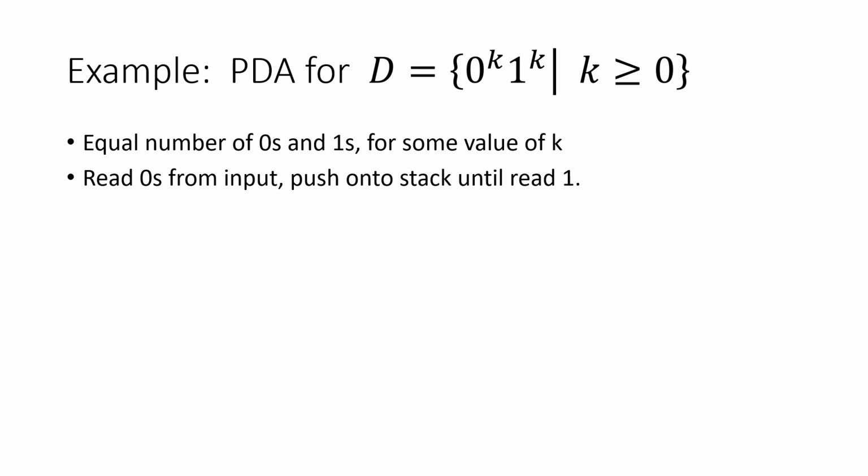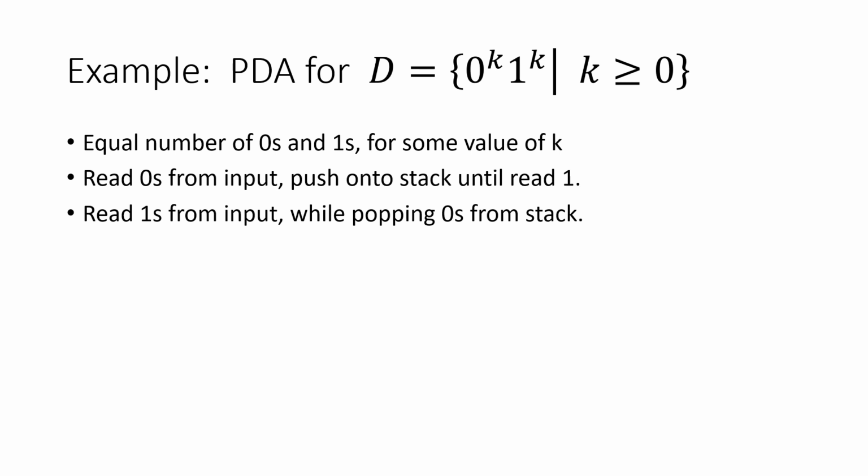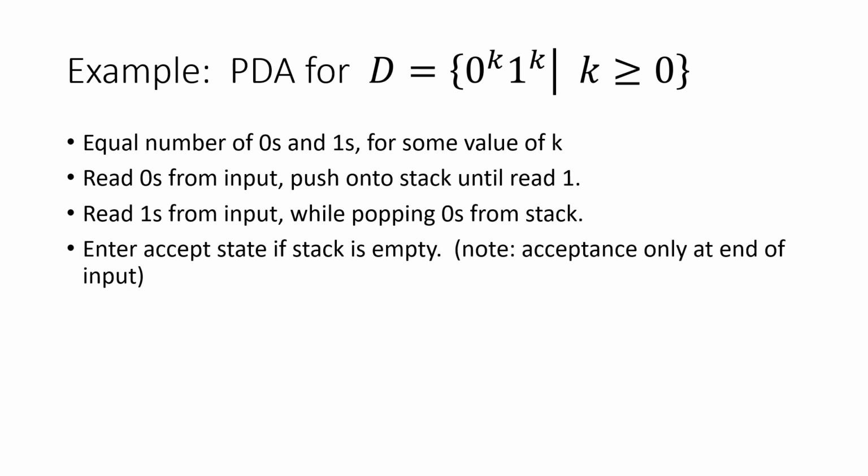And in some sense, that stack allows us to count the ones. Then, to make sure that they're equal, we read the ones from the input, and each time we read a 1, we pop a 0 from the stack. We enter the accept state if the stack is empty.